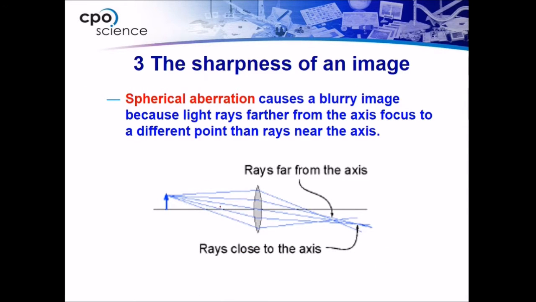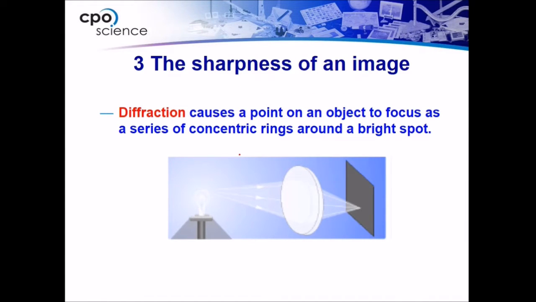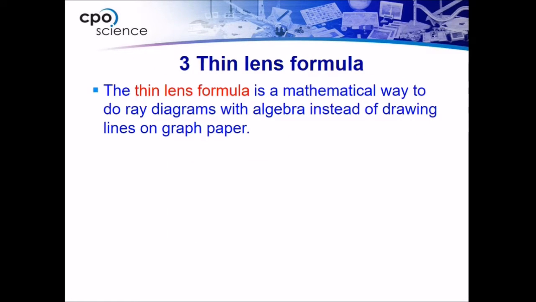Spherical aberration causes a blurry image because light rays farther from the axis focus at a different point than rays near the axis. Then comes diffraction. Diffraction causes a point on an object to focus as a series of concentric rings around a bright spot.